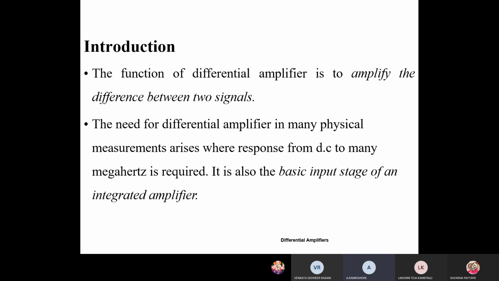So, the introduction. The differential amplifier amplifies the difference between two signals, and each signal is measured with respect to ground. In this differential amplifier, we define three terminologies: differential gain, common mode gain, and common mode rejection ratio.